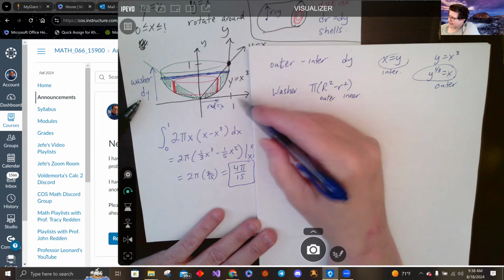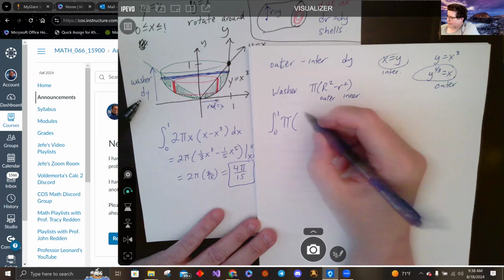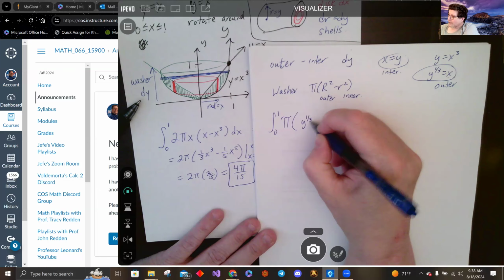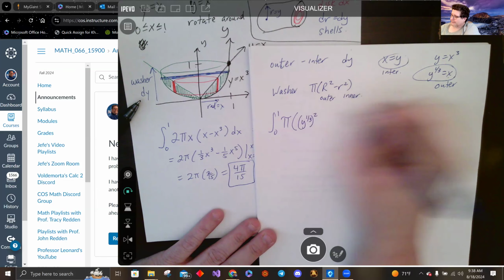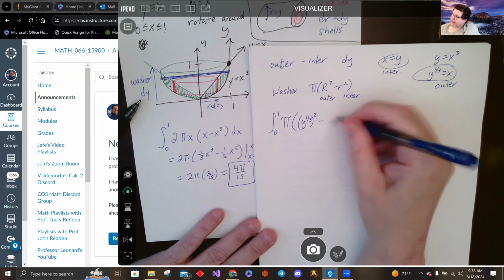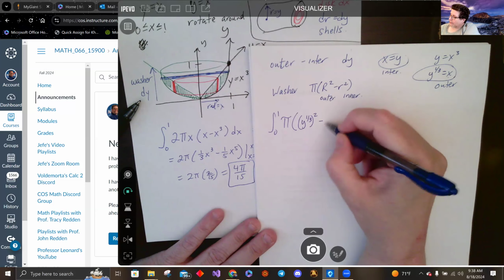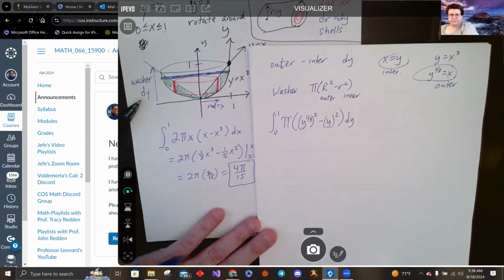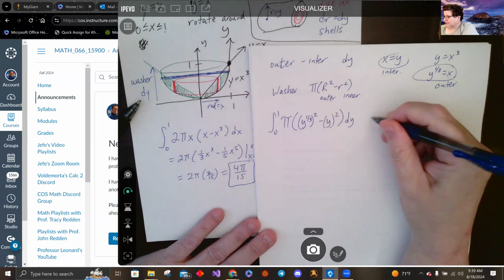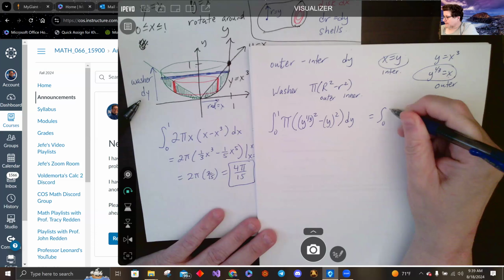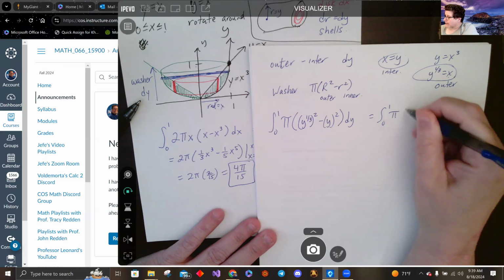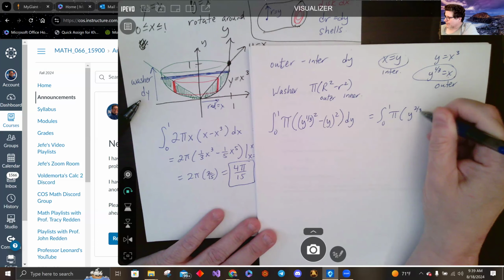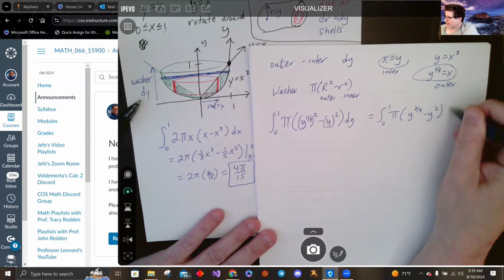Our outer radius is the y to the 1/3, and that needs to get squared. And our inner radius is just y, and that needs to get squared. All right, so let's do that. I have y to the 2/3 minus y squared dy.